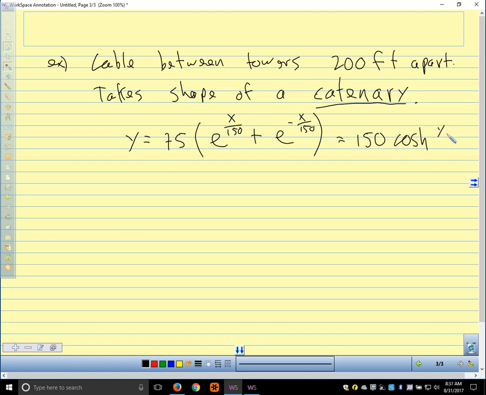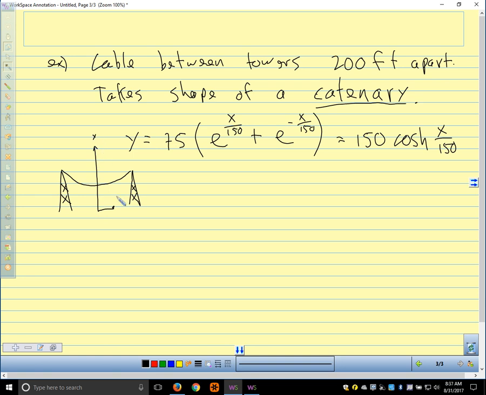And if we draw a quick sketch, if these are my towers here, the cable looks something like this. And the equation puts our coordinate system right in the middle.